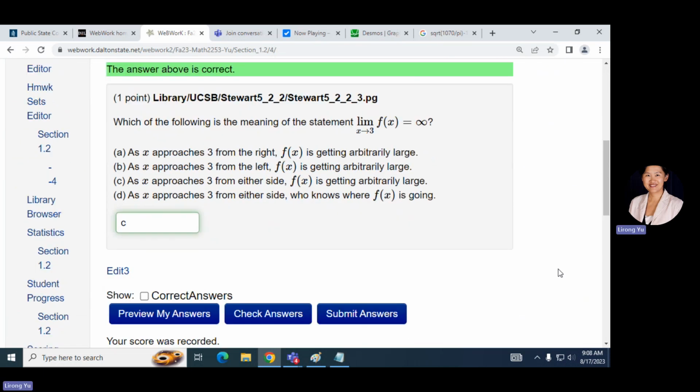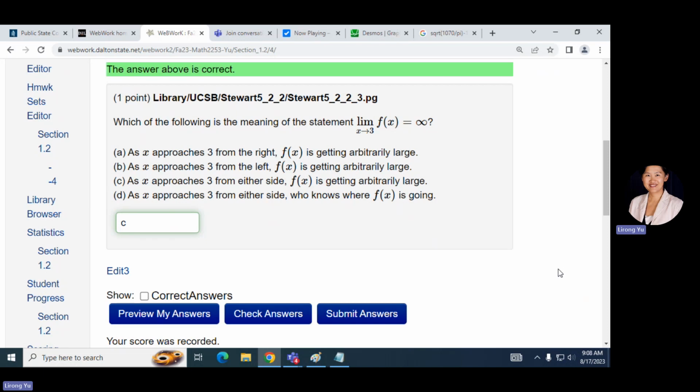So this is how we understand the notation when a function has a limit equal to infinity. It has to be the left side and the right side. If it's A, we would say the left limit, the right limit. So A would be indicating f of x when x approaches 3 from the right side is infinity. So if you want to represent A, you'll be writing this.